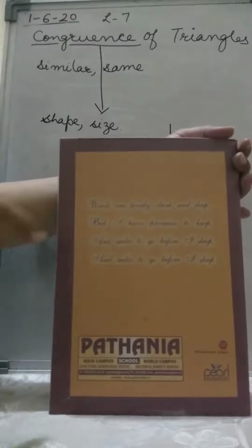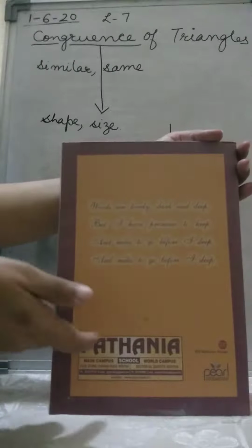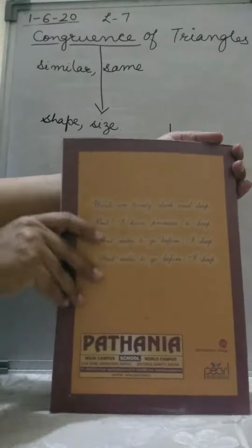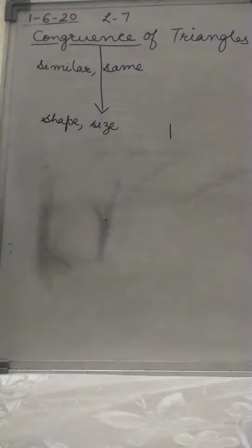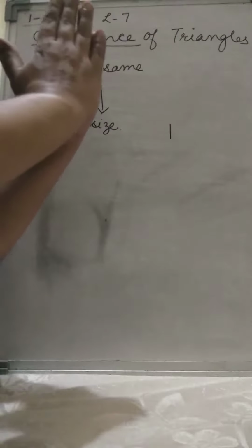But if I take a notebook like this, that notebook is similar to your register. Even your hands are congruent. When you keep one palm over the other, you see only one palm.